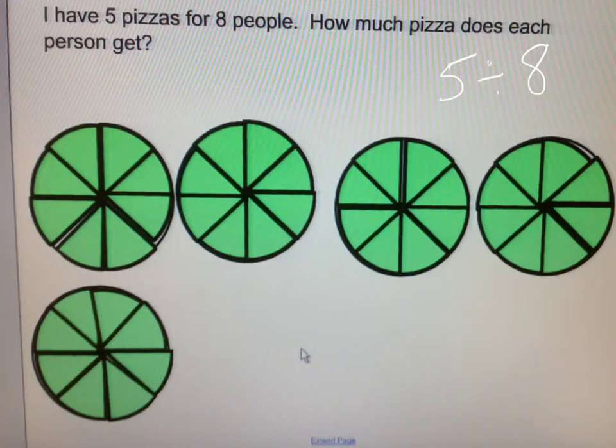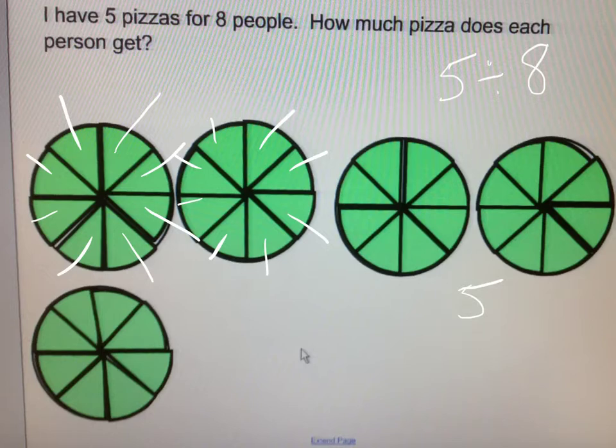So one way to accomplish that task would be to take each pizza and slice it up into 8 pieces, and then we'd say, okay, here's 1 piece for this guy, 1 piece for that guy, and we could make 8 piles from that, starting with that pizza, and then we would add 1 from each of these to each of those piles, and we would see that each person gets 5/8 of a pizza. So 5 divided by 8, each person would get 5/8 of a pizza.